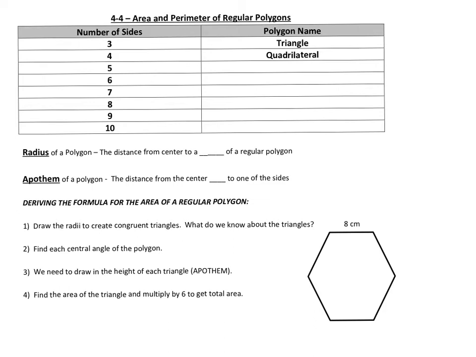So we know that if it has 3 sides, it's a triangle. 4 sides, it is a quadrilateral. 5 sides is a pentagon. 6 sides is a hexagon. 7 sides is a heptagon. 8 sides is an octagon. 9 sides is a nonagon.